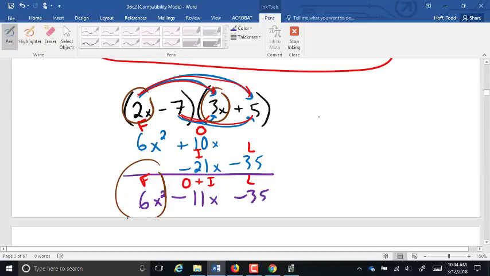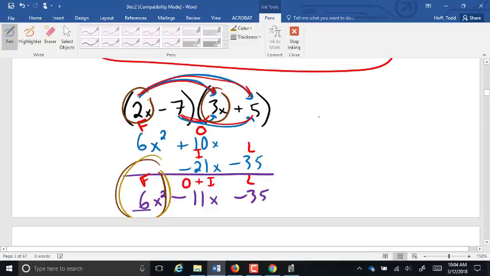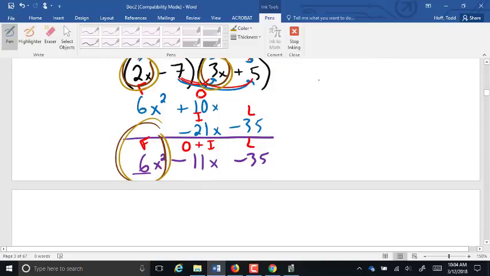Sorry. If I know that that digit, the 6x squared, had to come from a combination of these two, I can work backwards to figure out what those digits are. There's only a couple of possibilities. That could be 3x times 2x, or it could be 6x times 1x, or just x.